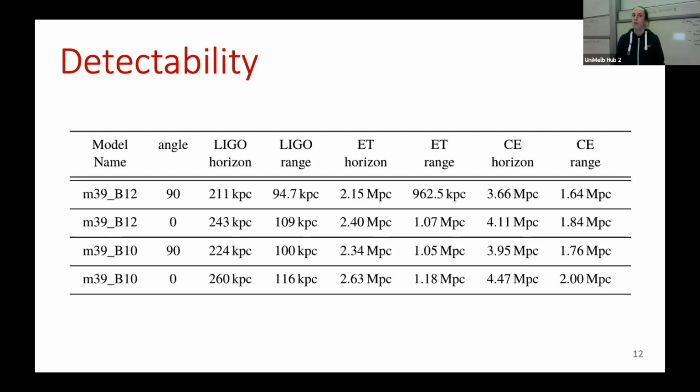Also, because we don't include general relativity yet in the code that has magnetic fields, it makes the gravitational wave frequency a little higher than it should be. That makes the sensitivity of the detector a little worse at higher frequencies, so I think correcting that would also help us get larger detector distances.